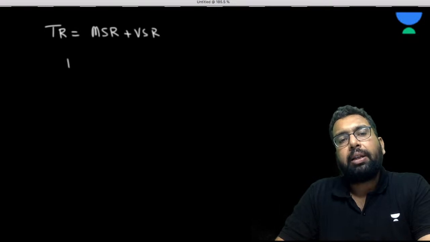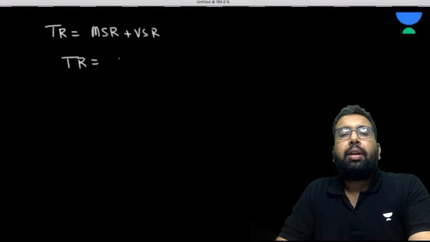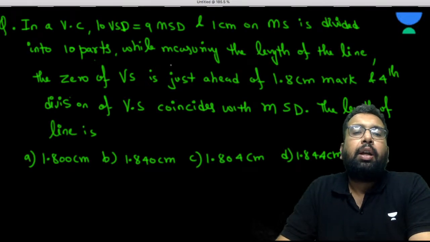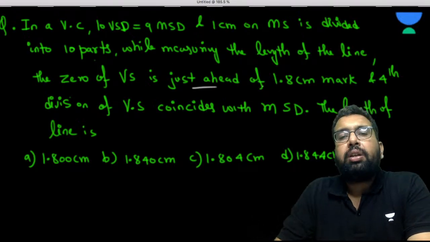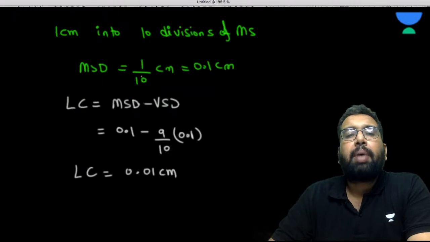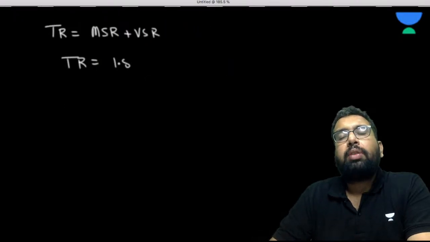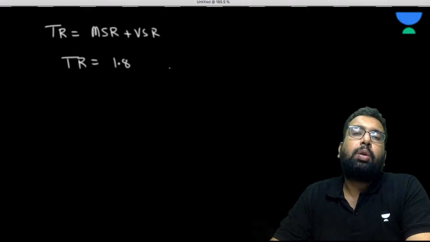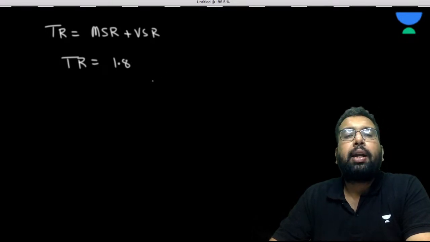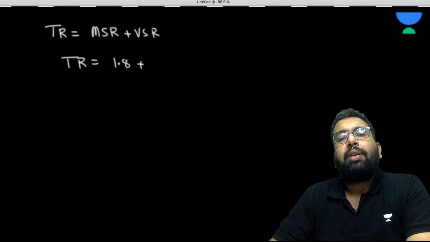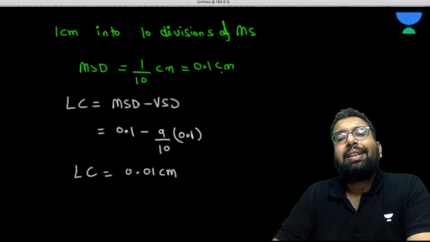Okay, that means what is the main scale reading? See what is written. The Vernier scale zero is just ahead of the 1.8 centimeter mark. So that is 1.8, the reading before the zero of the Vernier scale. And what is the VSR? It is least count into the coinciding division.